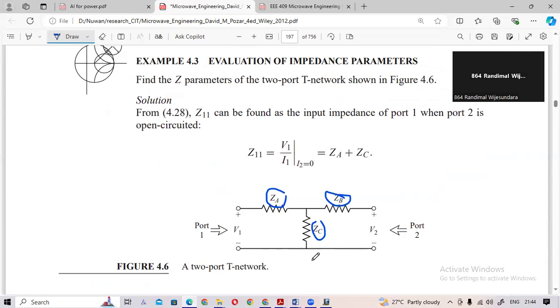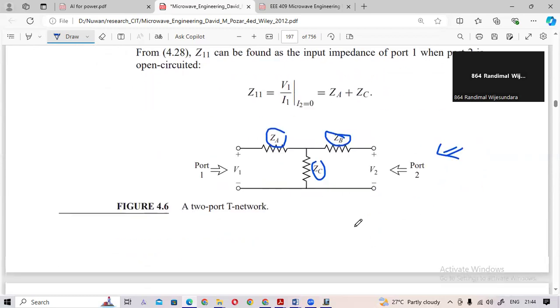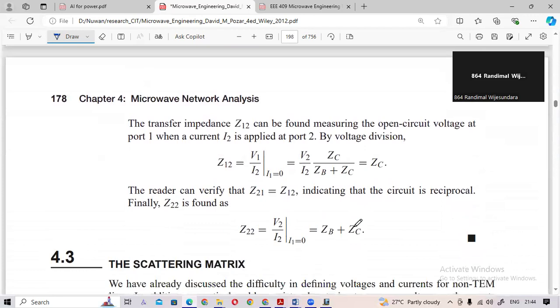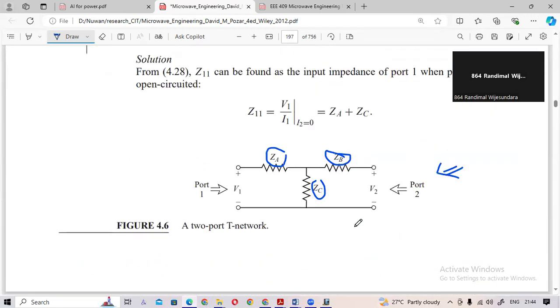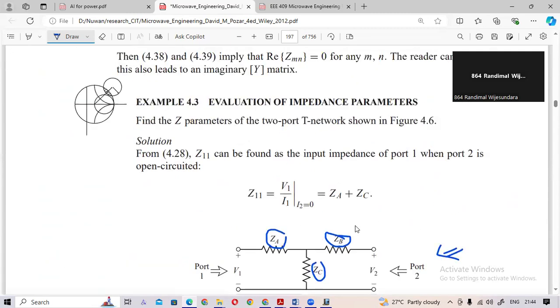Take 5 minutes and try to find the Z matrix of this circuit.